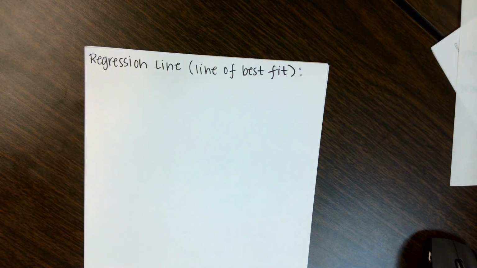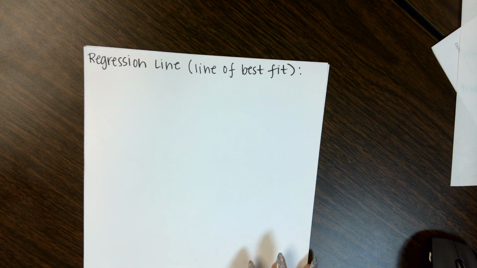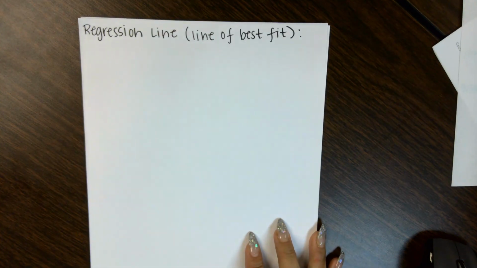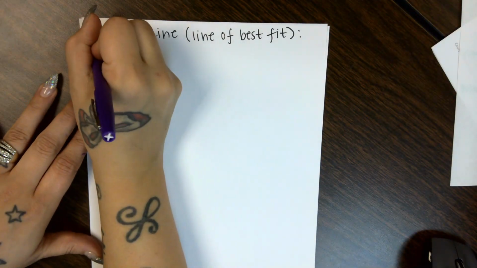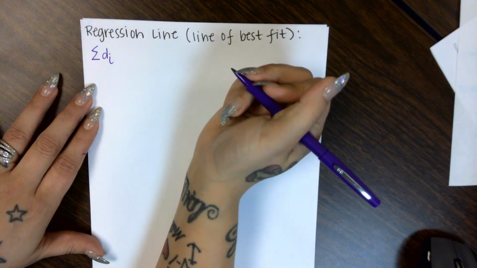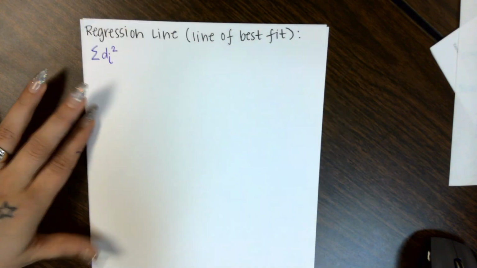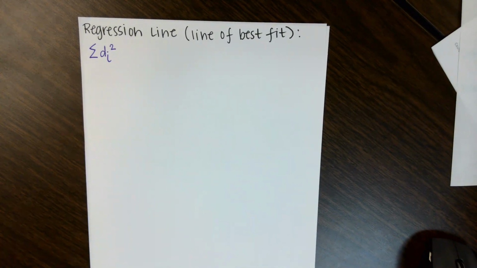And here are all the different chunks that we need to know and the way that we'll solve this. So we had that d sub i, right, which was all of our different data points. So we're going to need to take the sum of all of our different data points squared. So I have sigma d sub i and then the little exponent 2.